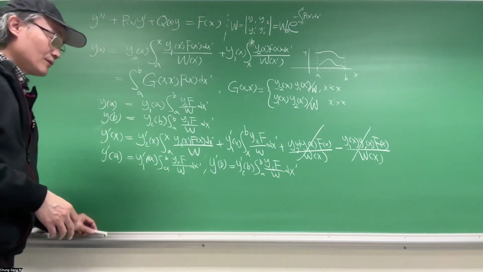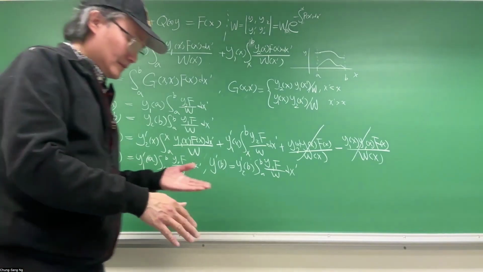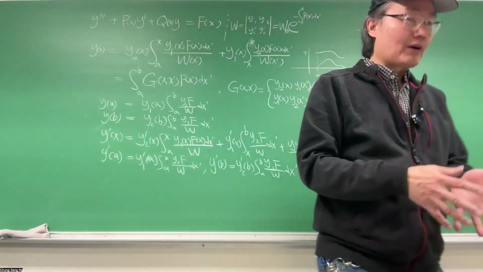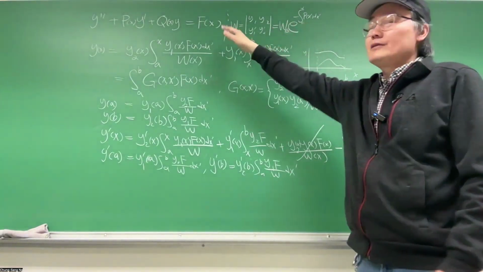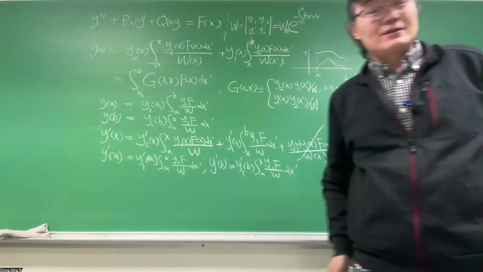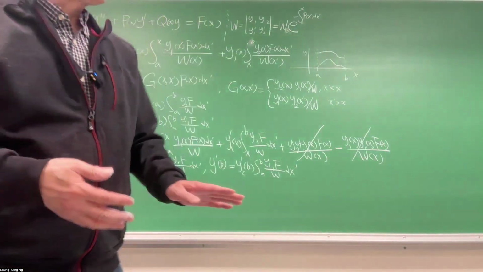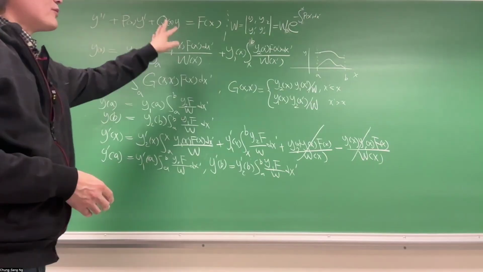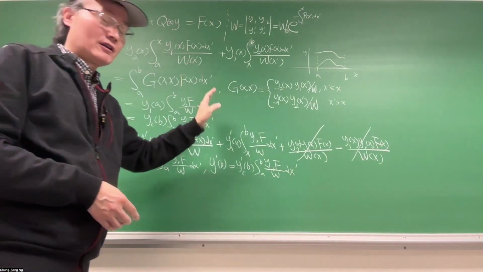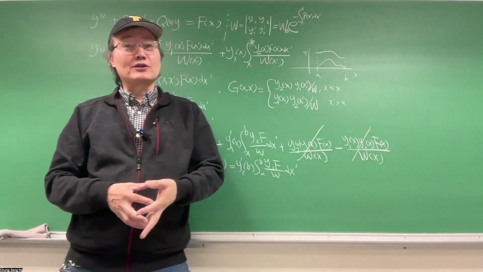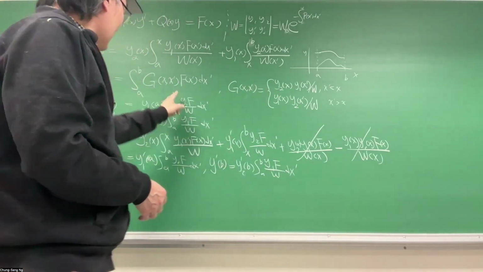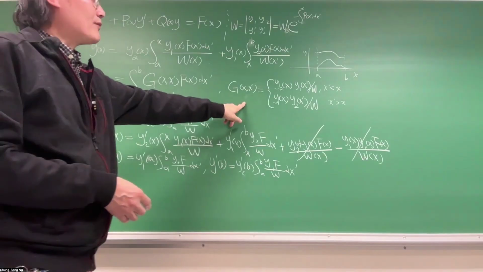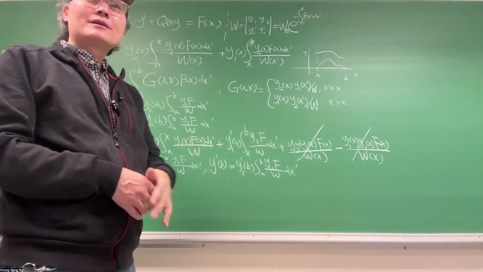And that would satisfy the boundary condition for any f. Okay, so that's basically the same formula, but you rewrite it and already incorporate the boundary condition in your formula by choosing your y1, y2 accordingly.